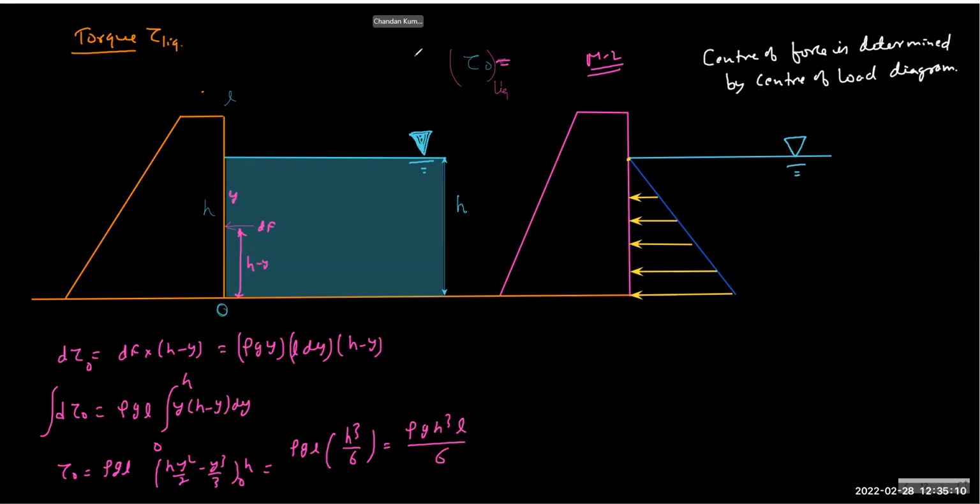And because it's a triangle, if load is increasing proportionally, then the center of load will be exactly h by 3, just like the center of mass of the triangle. So we can say that the load is concentrated at h by 3. So this is how we assume.